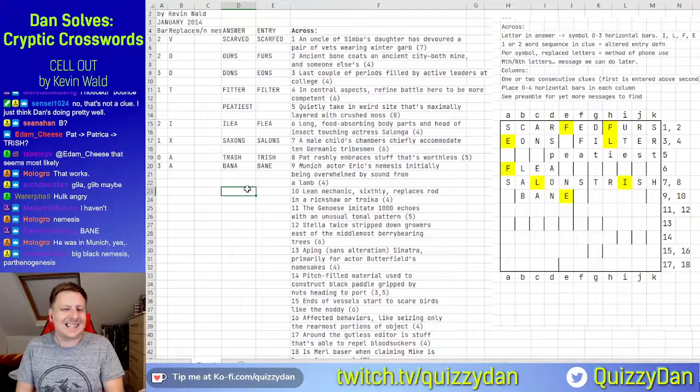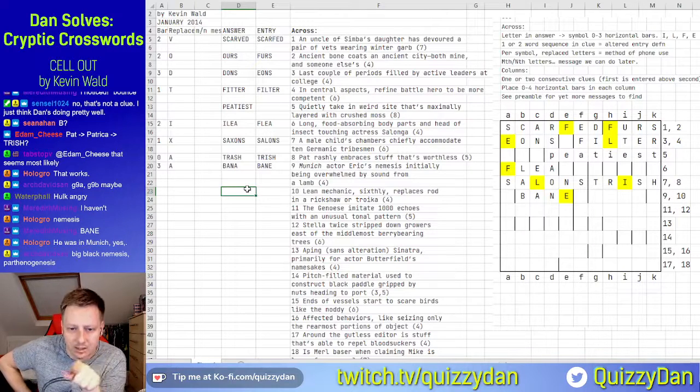Lean mechanic, sixthly, replaces rod in a rickshaw or troika. Mechanic, what's the sixth letter of mechanic? It is N. Replaces a rod.